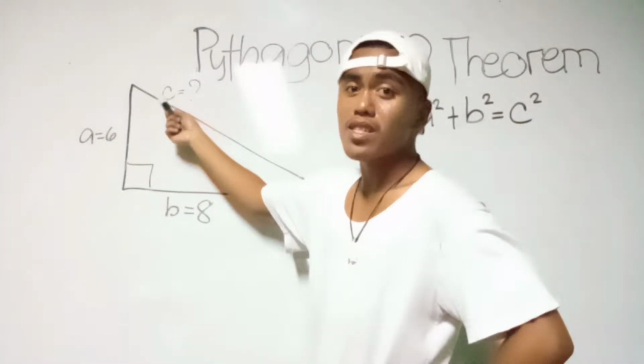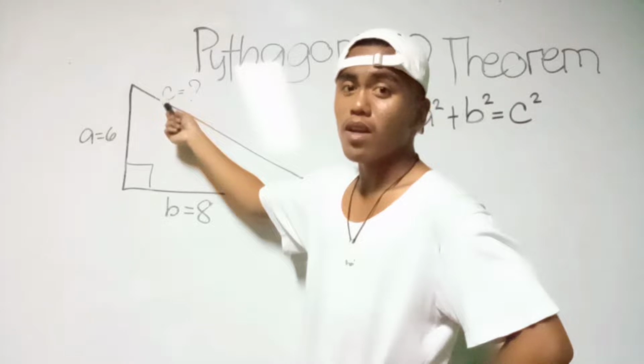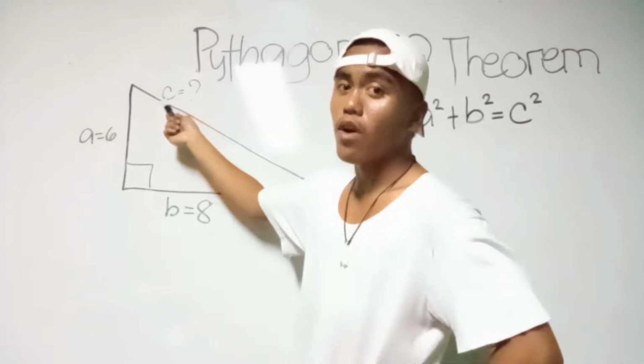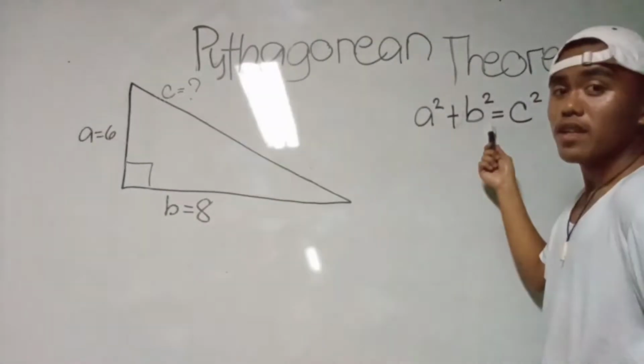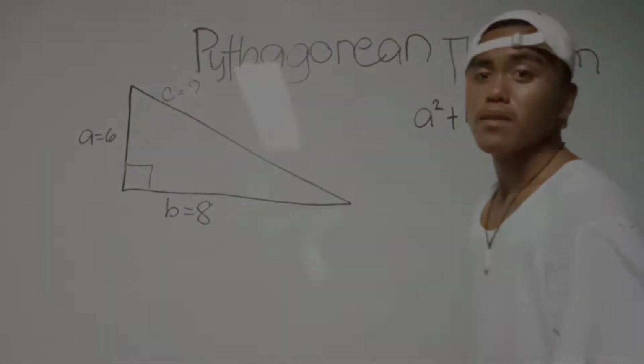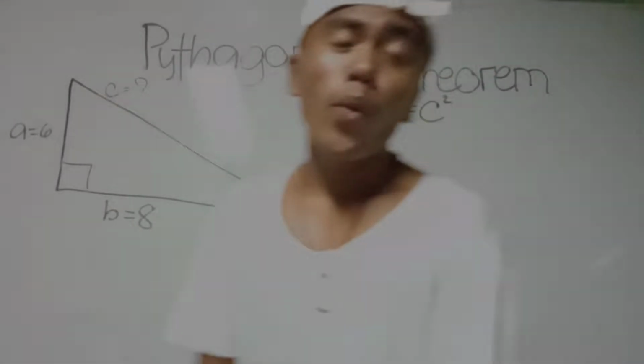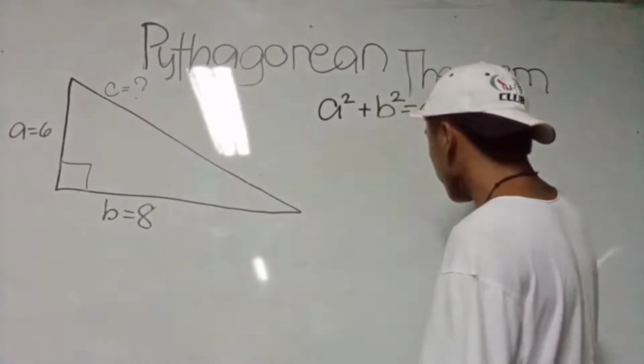To get the value of C, the hypotenuse of the triangle, we need to follow the formula A squared plus B squared equals C squared. Now we write the values in this formula.